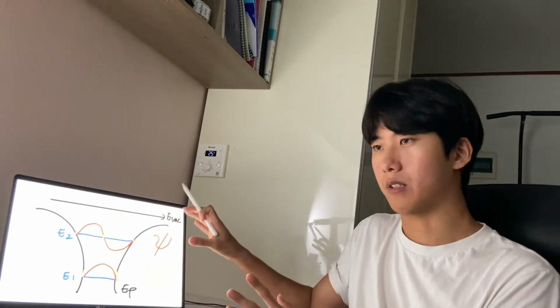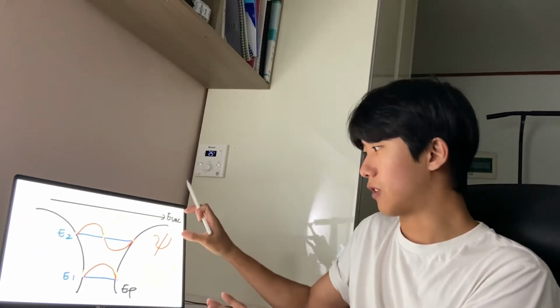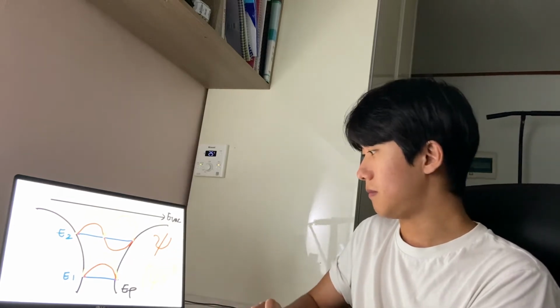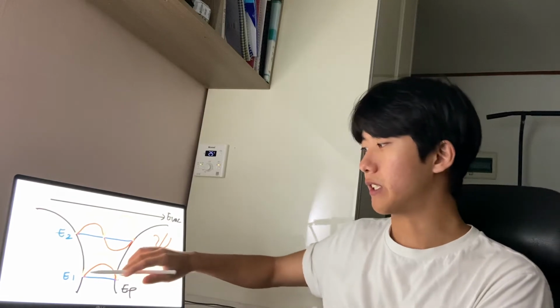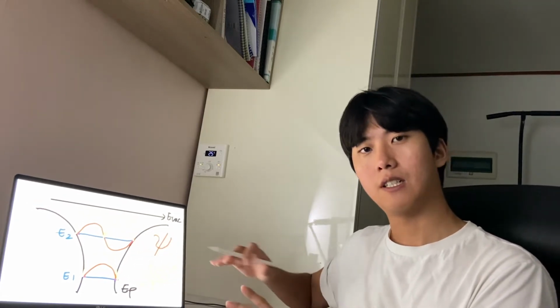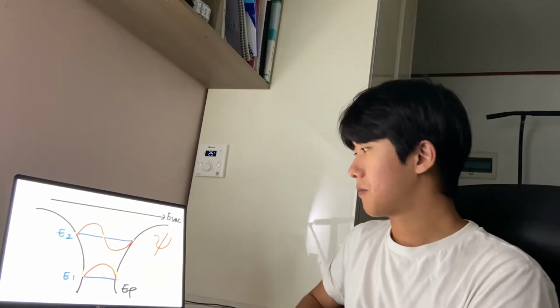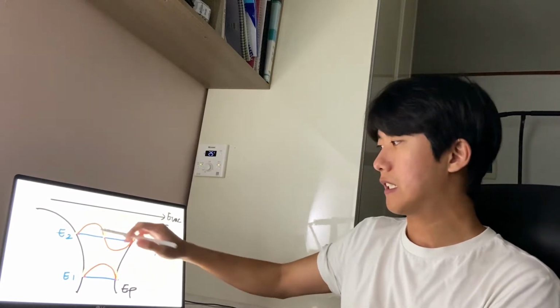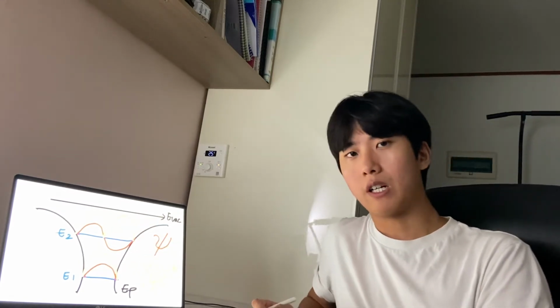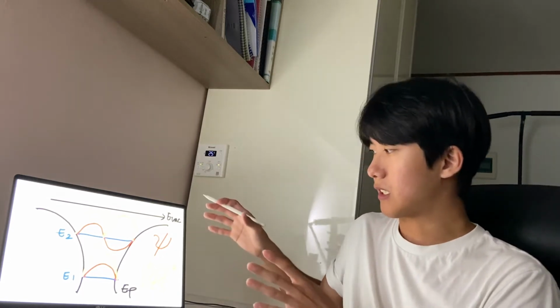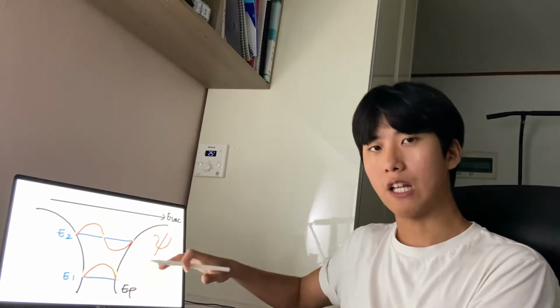So we can plot this graph. The black line is potential energy, the blue line is the energy level, and the red line is the wave function with the number of their energy level.